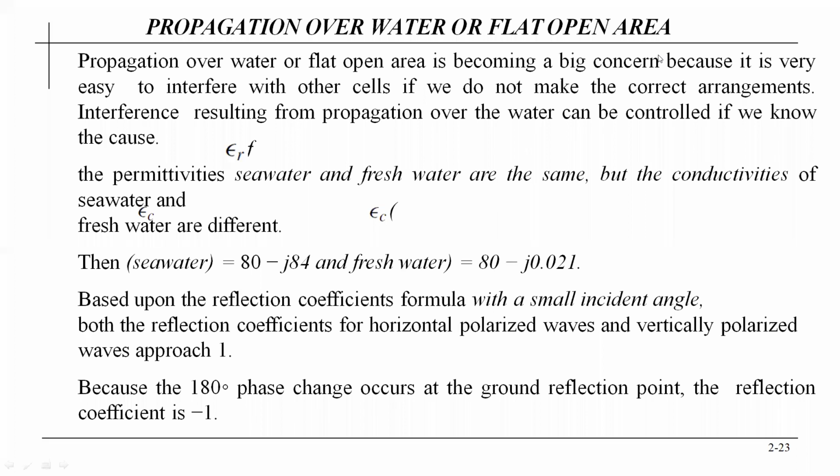Generally, we consider a cell as a sectorship, right? But in practice, there are many irregularities in the areas, and also some of them have hills, and some of them have rivers. That means there are many uneven structures in the areas, right? Out of them, some are human-made, and some are natural.